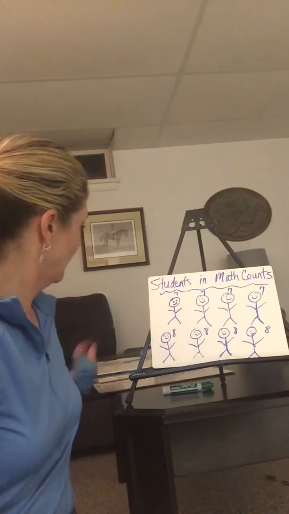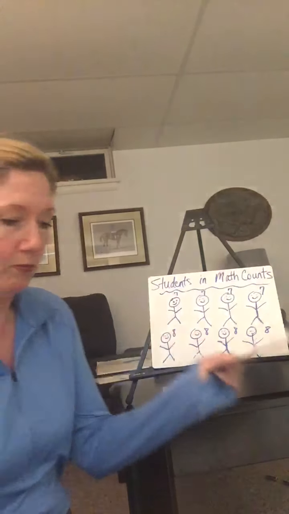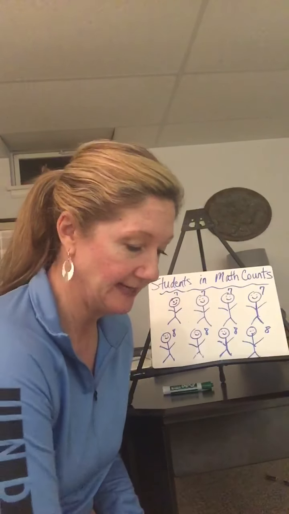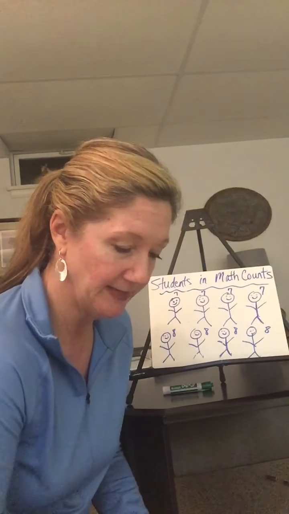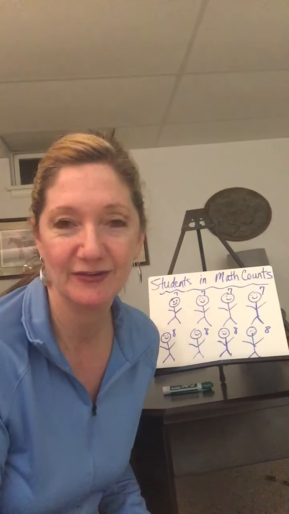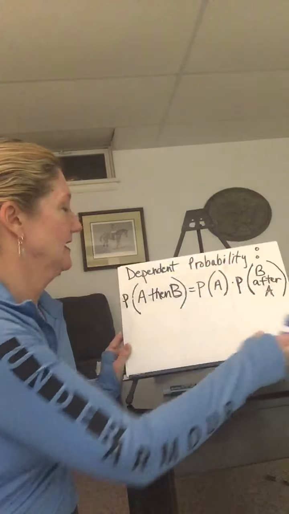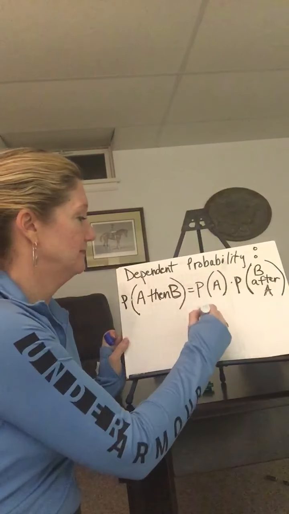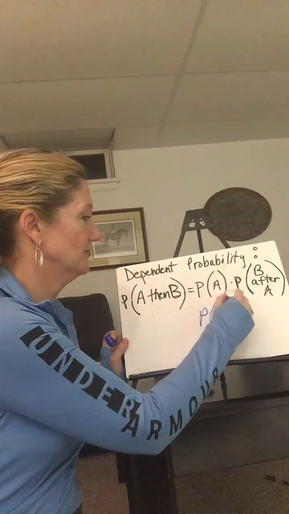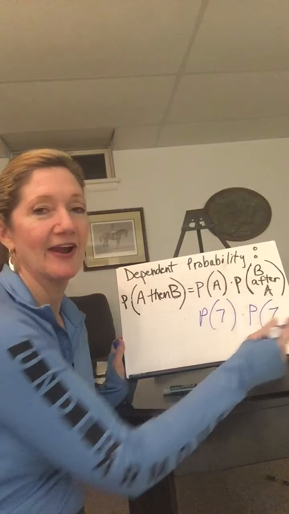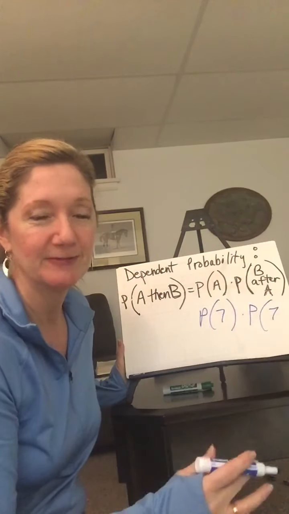So we want to see what's the probability that both of the people drawn are going to be 7th graders. So what we would do here is find the probability of a 7th grader times the probability of another 7th grader after the first name has been drawn.